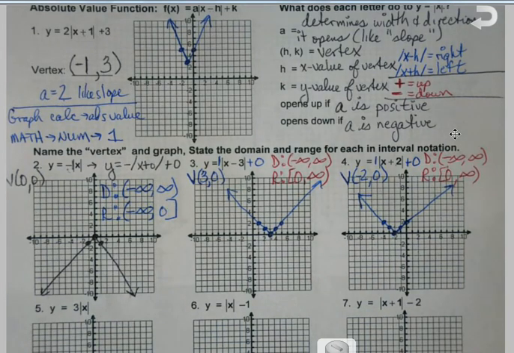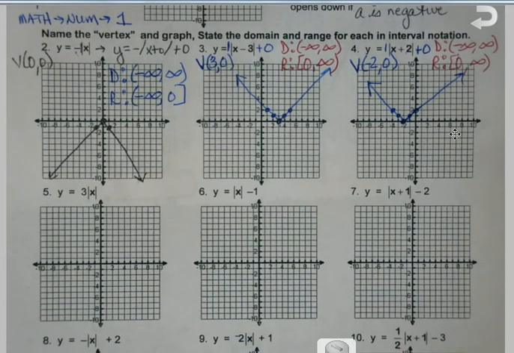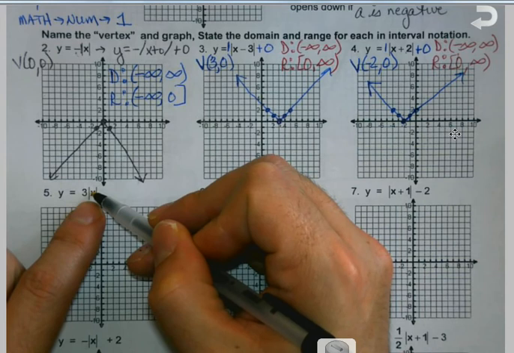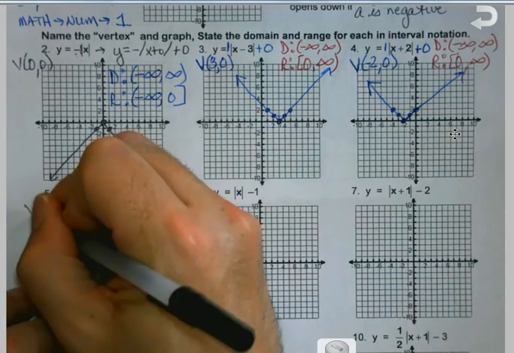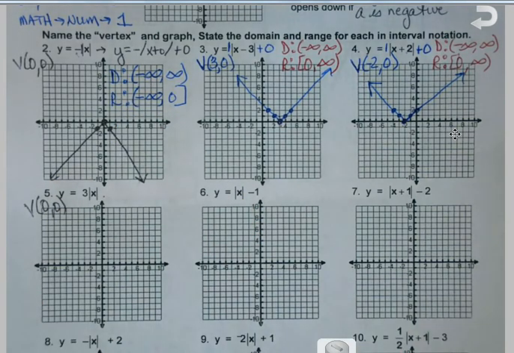Now, we'll start throwing a couple of twists in here. Let's see how this goes. When we get to 5, it's sort of like number 2 in that there's no other number in here with x. There's no number being added on the outside. So my vertex is back being 0, 0.